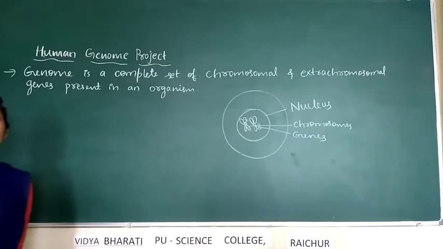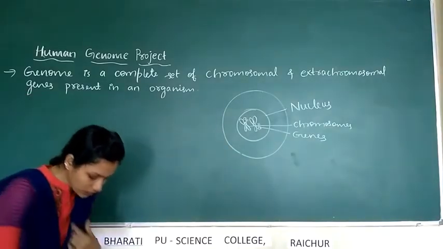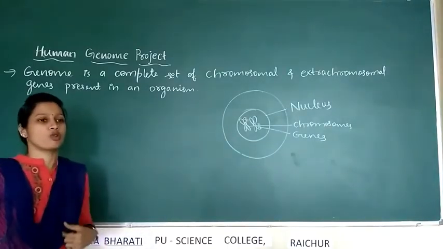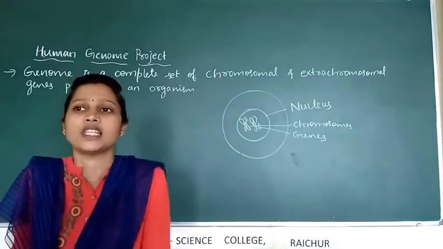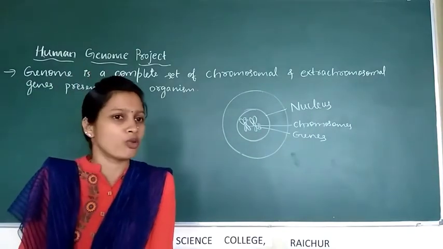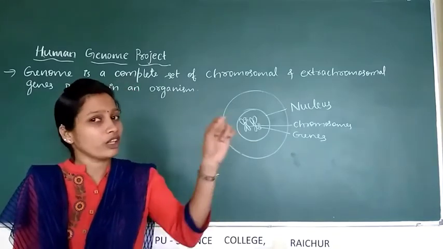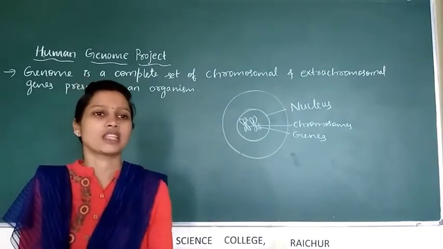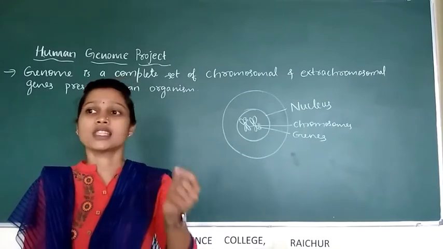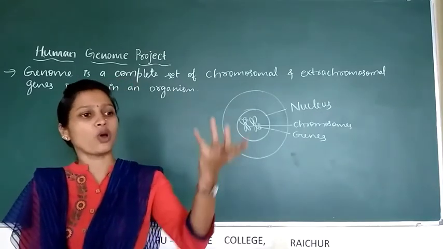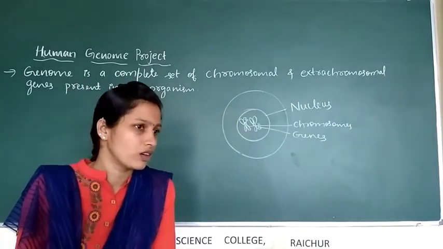In the case of human beings, there are 23 pairs of chromosomes. Each cell contains 23 pairs of chromosomes, meaning 46 chromosomes. On all the chromosomes, many genes are present. On a single chromosome, many thousands of genes are present. Right?